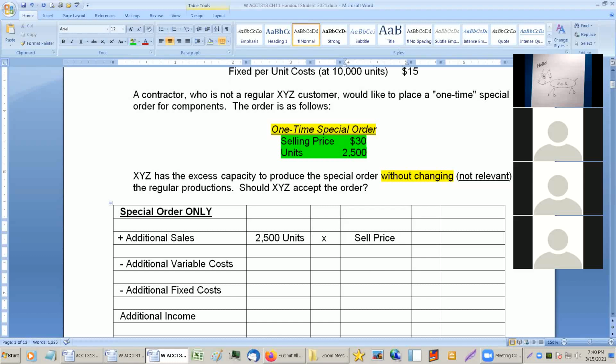Of $30. It'd probably be more specific than some number. But here we go: 2,500 times 30, 75,000. So this will add 75,000 to our sales.